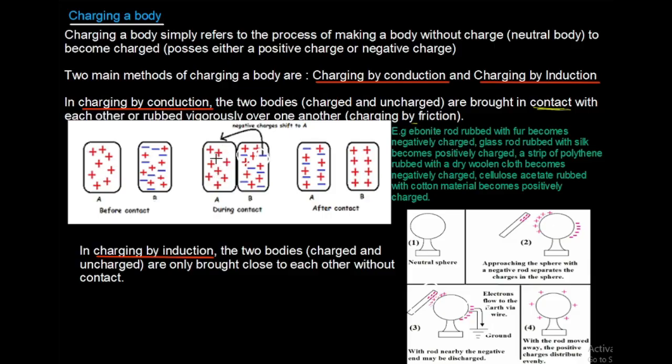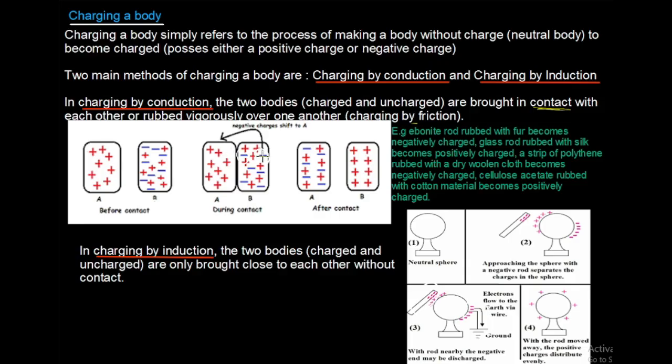Because body A has more positive charges, and because of that, it's going to attract the negative charges here. The law of electrostatics: unlike charges attract, positive and negative. We have more positive here, so it's going to attract the negative we have here, more like compelling them to come over.